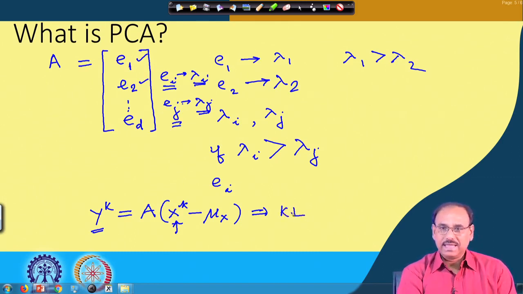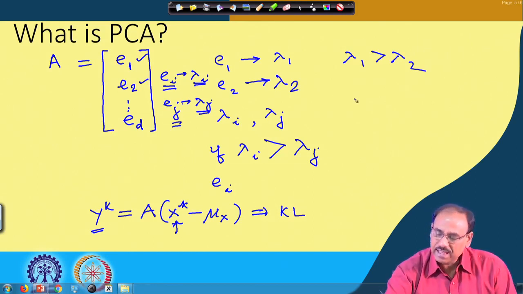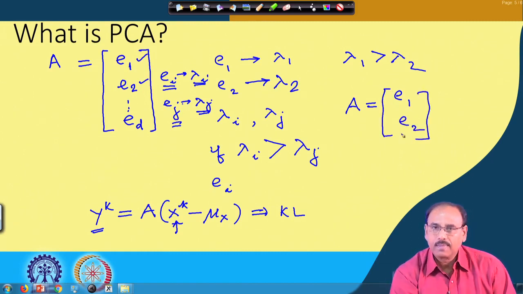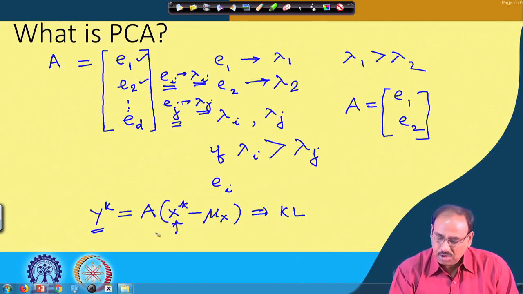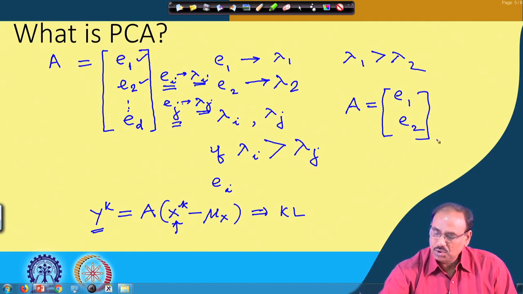And I can use this KL transformation for data reduction in the sense that if I want to reduce the dimension from D to 2, what I will do is, in this transformation matrix A that I form, instead of considering all the eigenvectors, I will only consider E1 and E2. And the transformation will be the same, A times x k minus mu x, where A is now a 2 by D matrix.